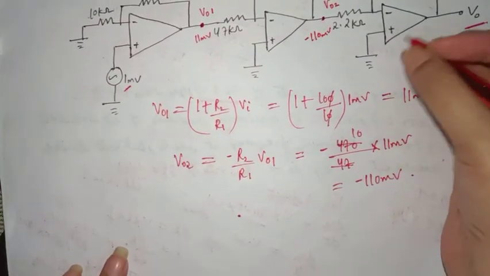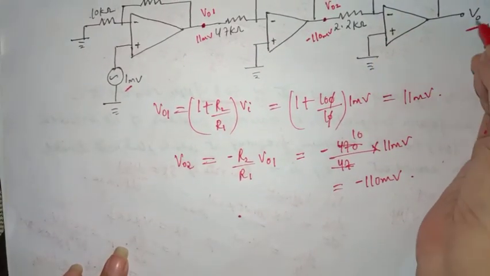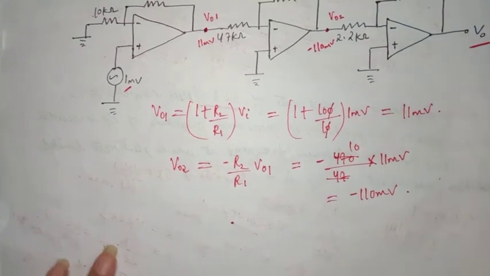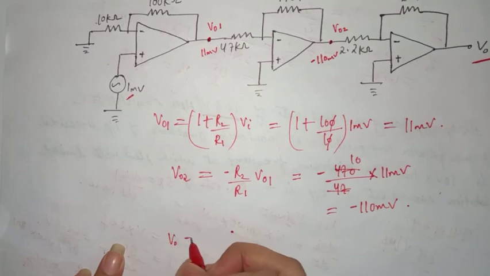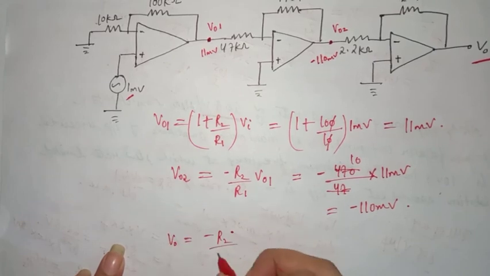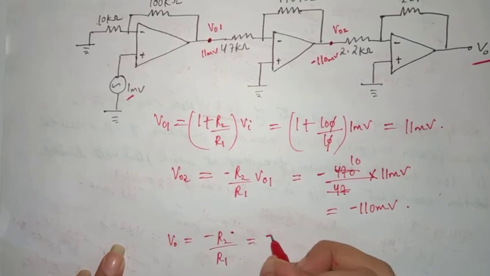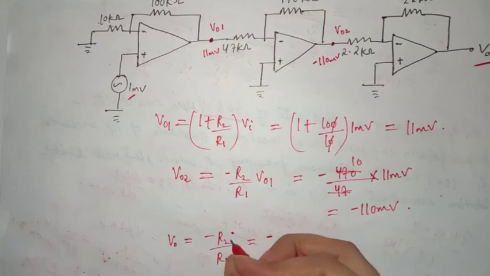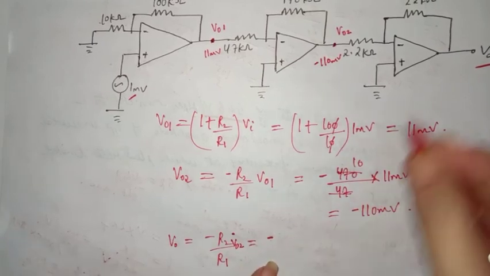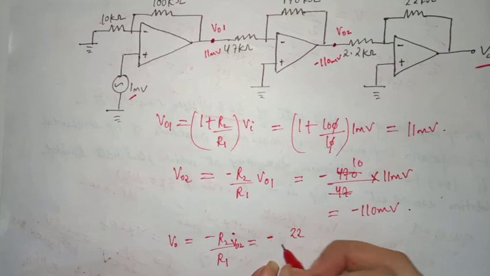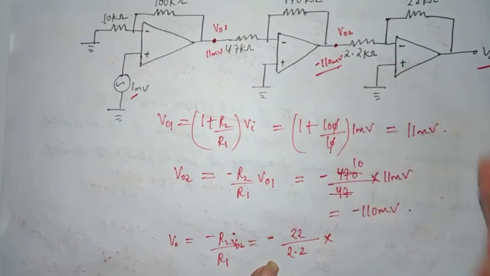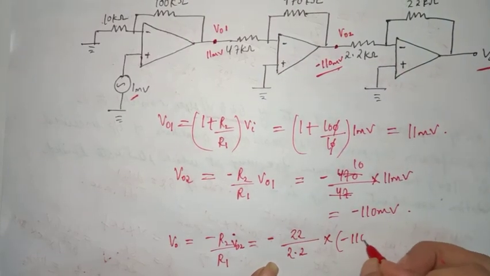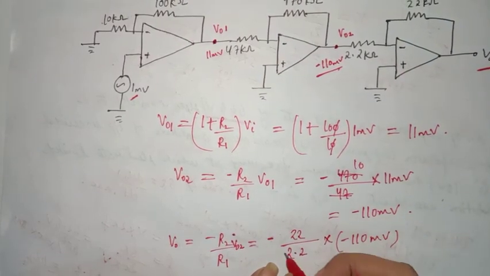So now my third amplifier is also an inverting amplifier. So in this case, the output voltage V0 is given by minus R2 by R1, that is minus R2 is here 22 and R1 is 2.2 into V02 is minus 110 millivolt.